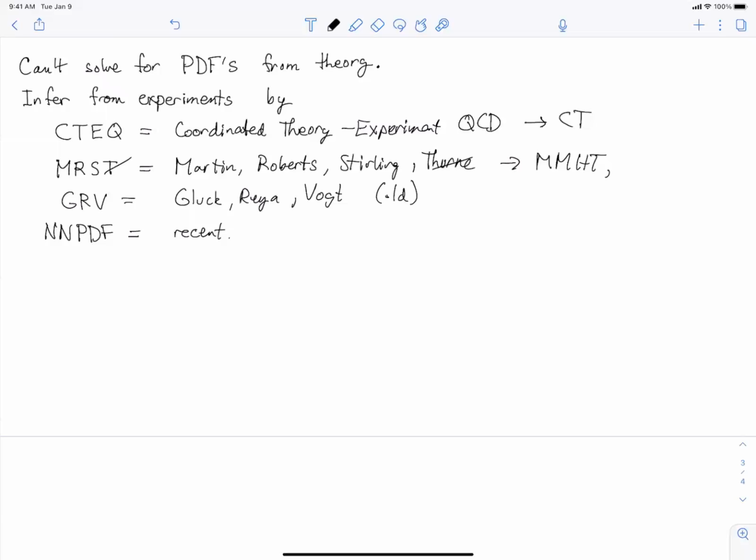So one thing they all do is you can divide, for example, the up quark and the down quark PDFs into 2 parts, what's called a valence part and a virtual or sea part.